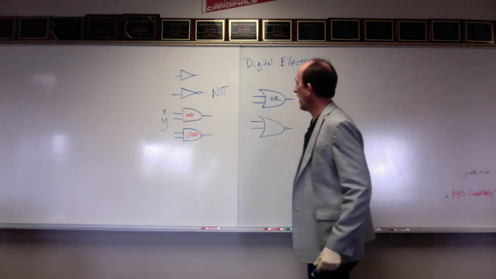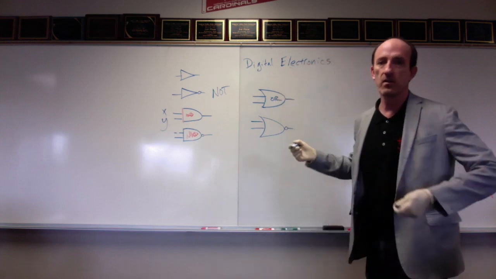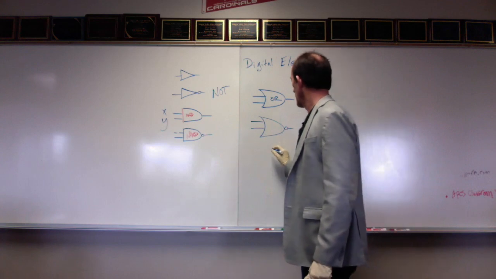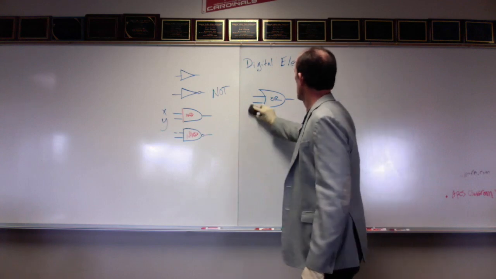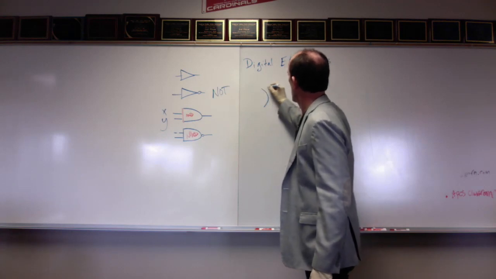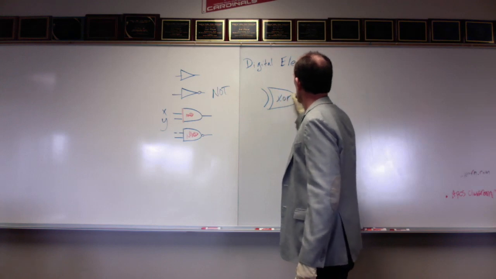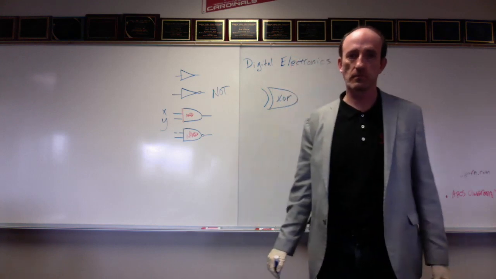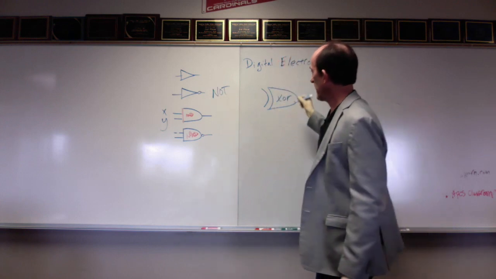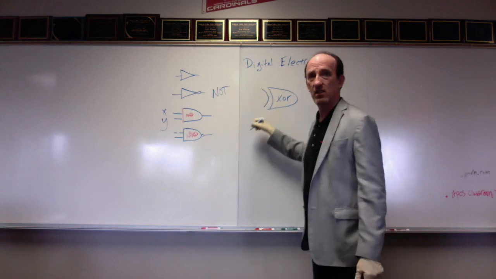The next set of symbols is a lot like the OR. They all look the same anyway. But I'm going to go ahead and erase these. Okay, the XOR, exclusive OR, looks just like the OR, except that it has an extra tail behind it.